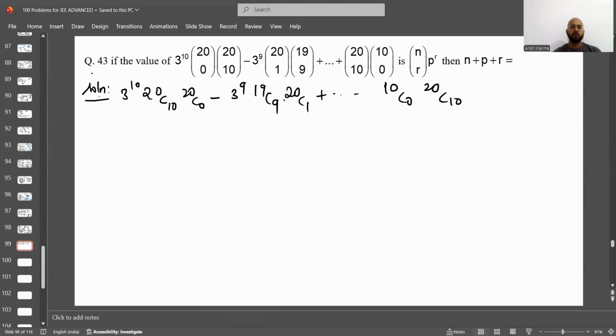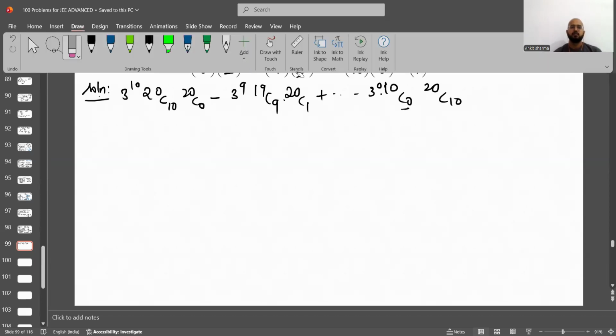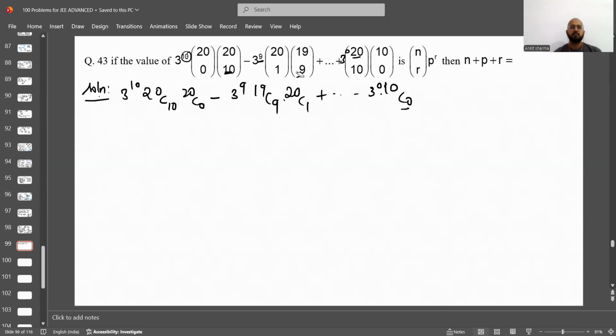If I just look at the power 3 to the power 10, here also we have 10C0. And 3 power 0 we can write here, so 3 power 0 and here 10C10. That means these are basically related.